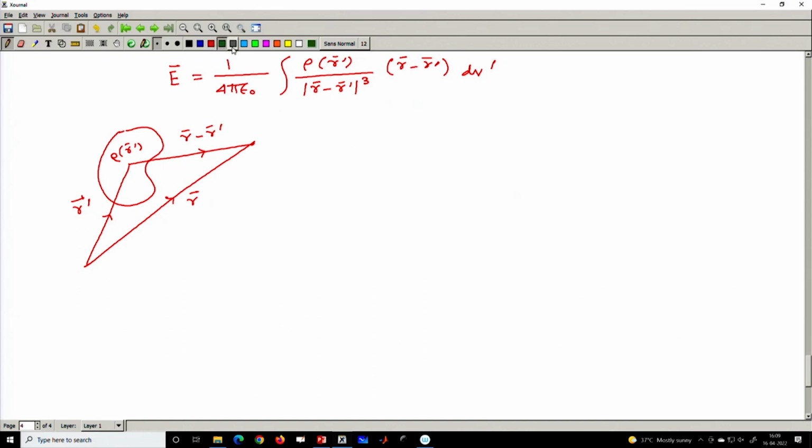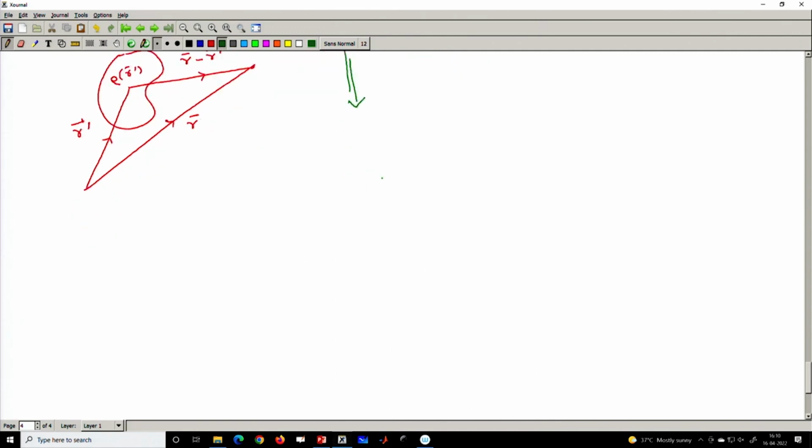Well, I can rewrite this expression in a slightly different way by exploiting the fact that minus of the gradient of this quantity, which is 1 divided by mod of r minus r prime, is simply r minus r prime divided by mod of r minus r prime cube.